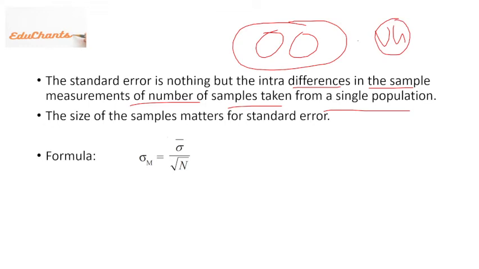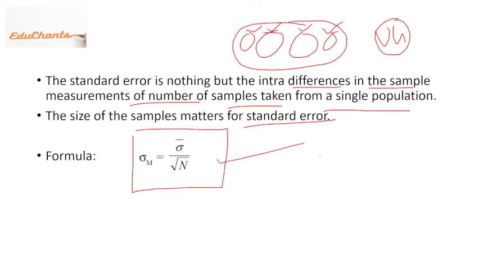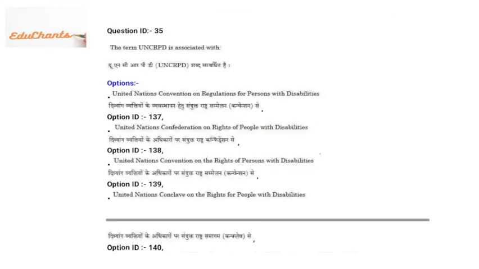Samples are from UG students only, and we are looking at the inter-differences of samples. The size of the sample matters for standard error. If the size increases, then the error decreases. The formula is here. We'll explain it in the statistics class.